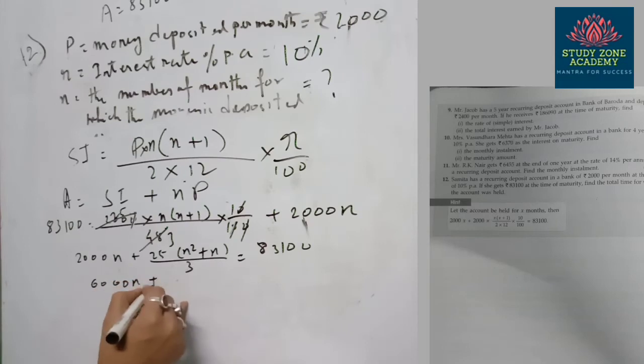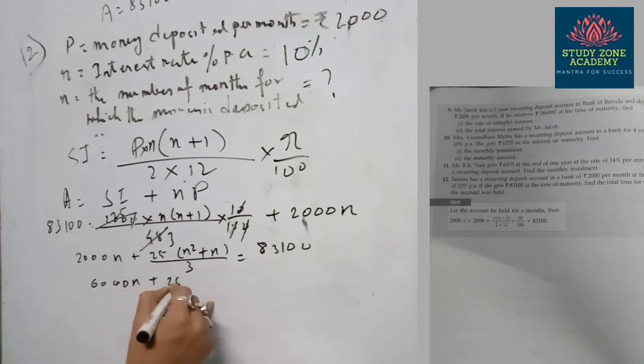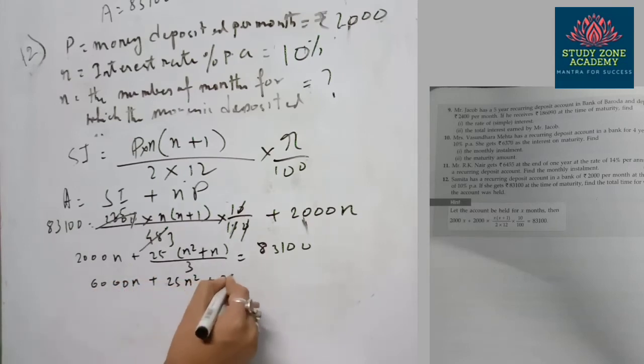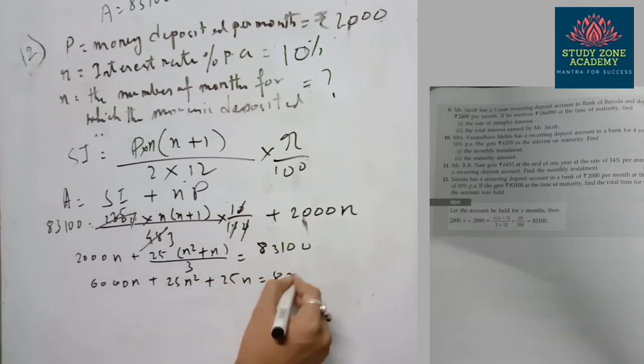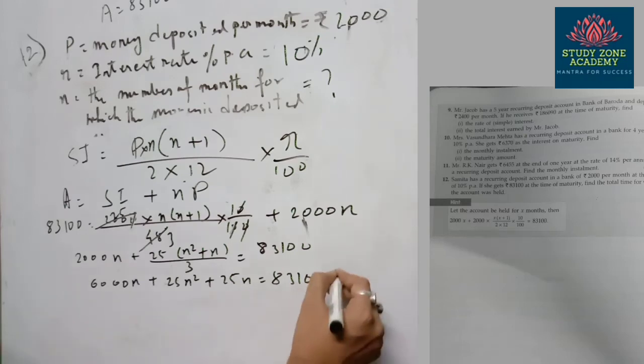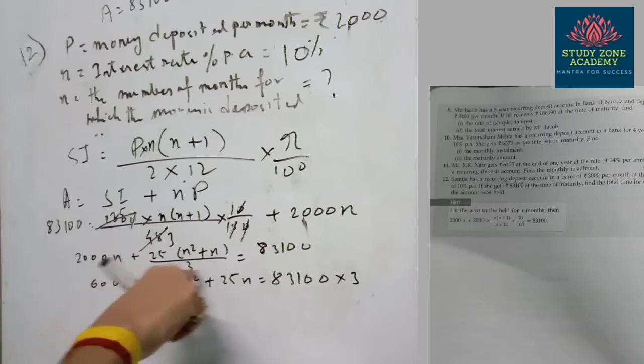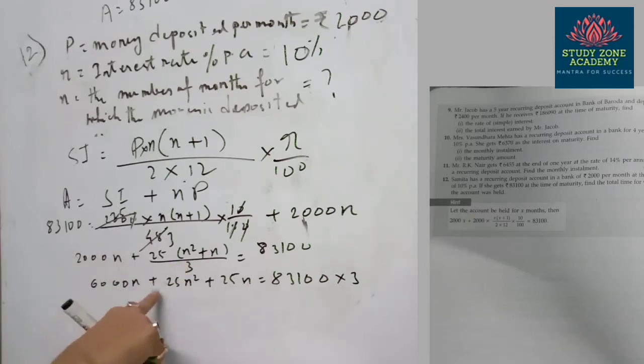6000 N plus 25 N square plus 25 N equals to 38100 into 3, because after doing the LCM we will be left with this 3, that is going to go there and multiply with the cross multiplication.